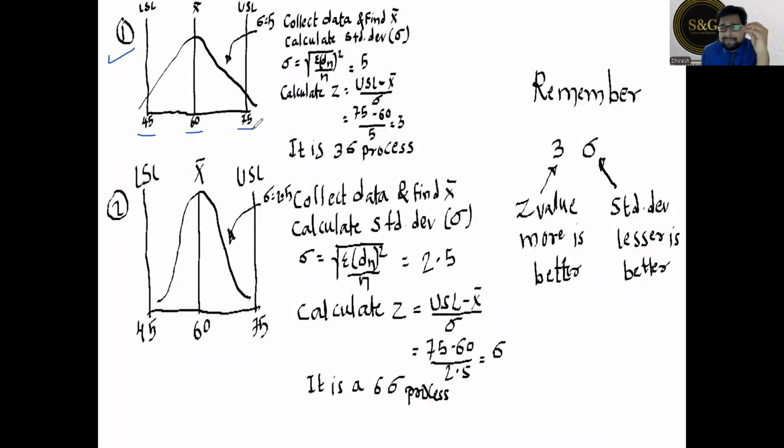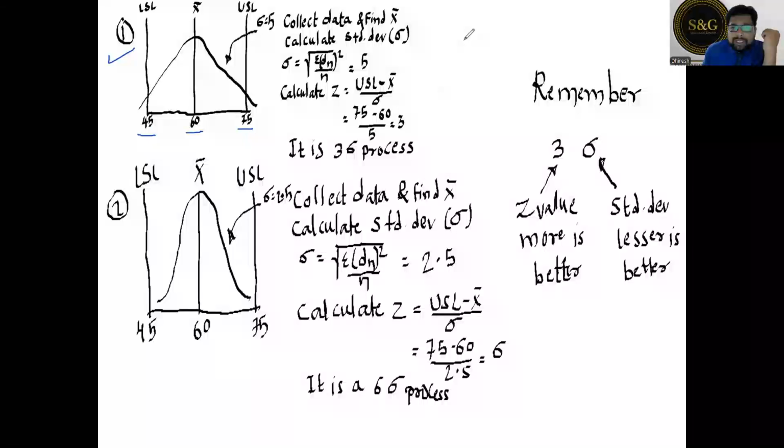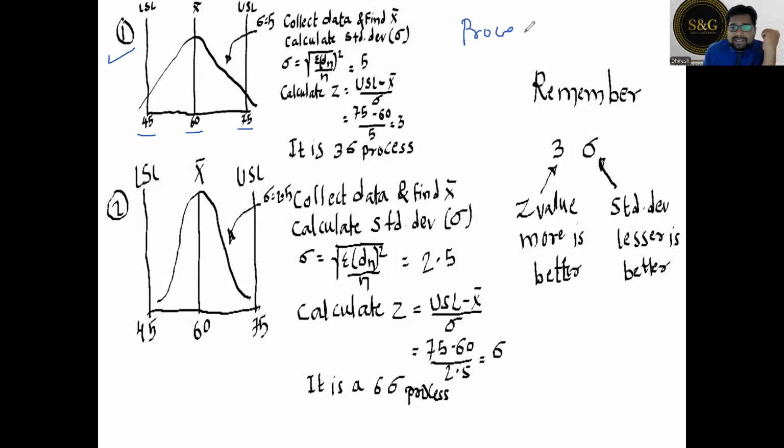This can be some diameter or temperature, whatever it is. That is the requirement of the customer. Now I am calculating the process capability.